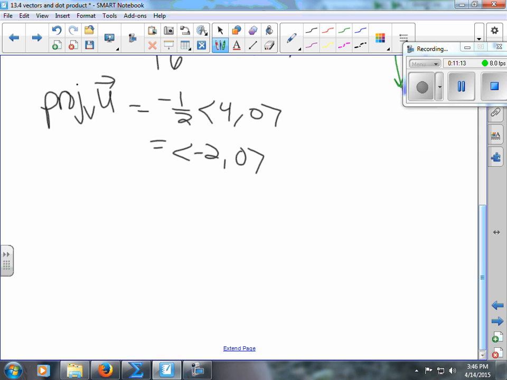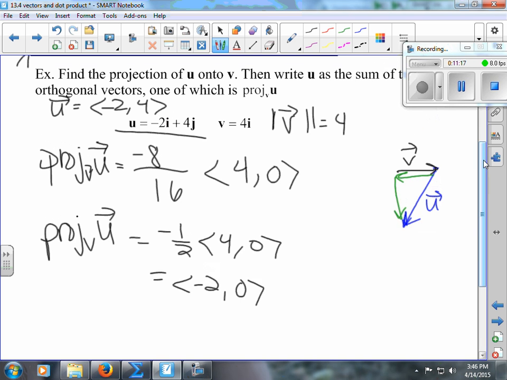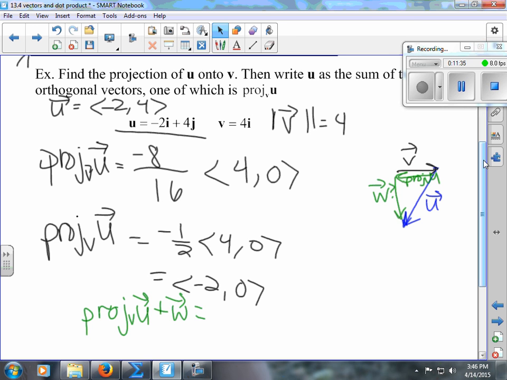Anyhow, so what must the other vector be? So this was the projection vector of u onto v, and so what must this other vector w be? I'm going to just call it w. Well, projection of u onto v plus w should be that blue original u vector.